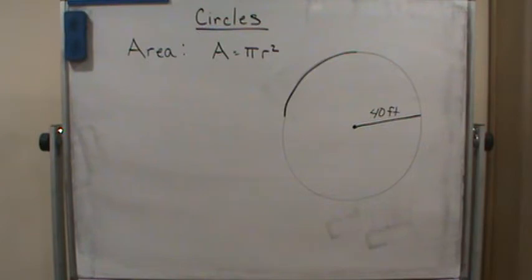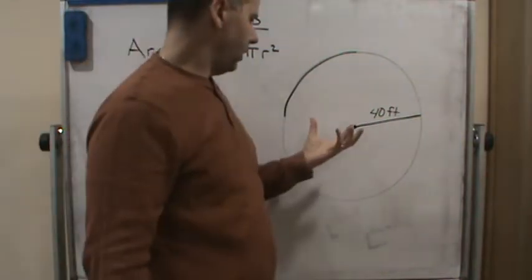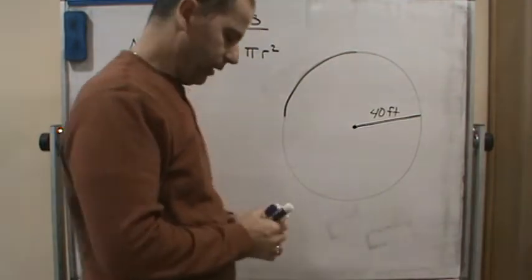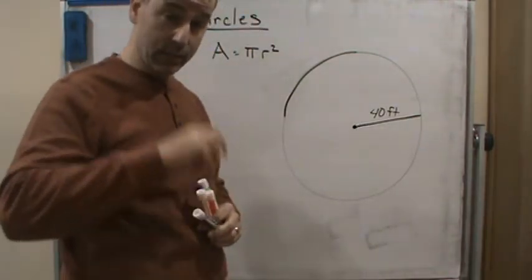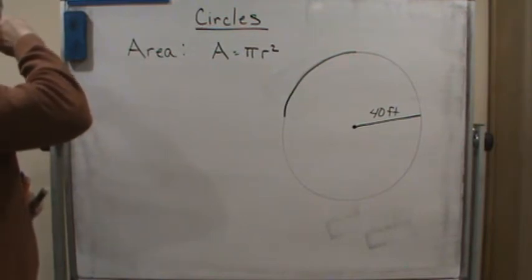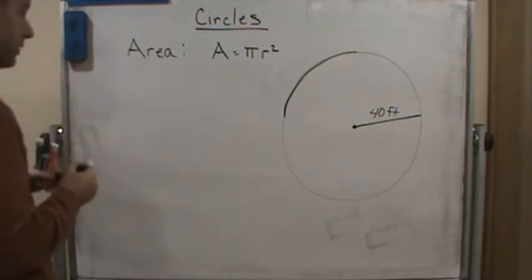Well, first of all, in order to get the germination rate per acre, we need to find the area of this thing. Also understand that acreage is a measurement of area. Okay, so let's do that.